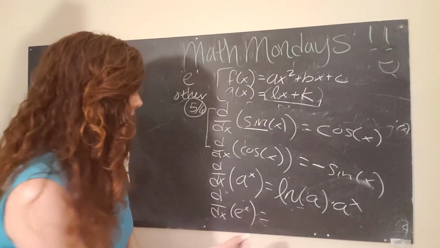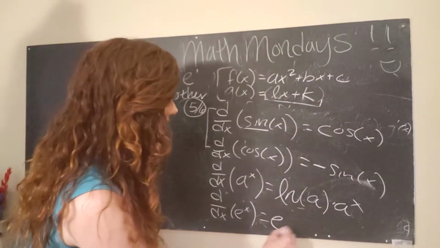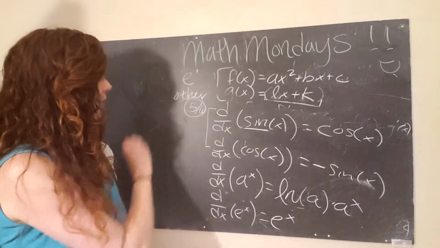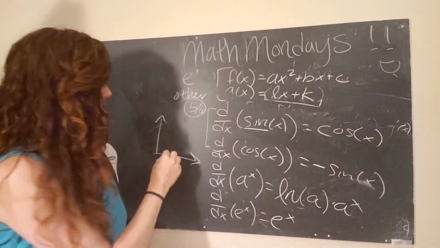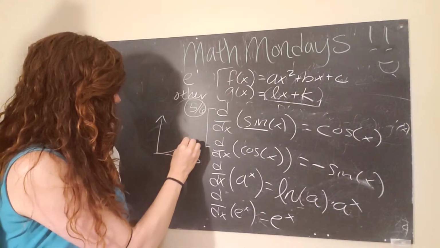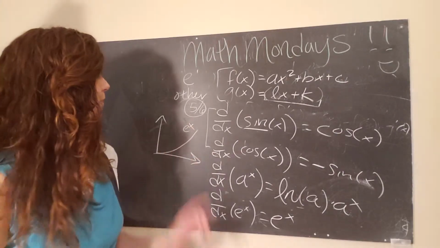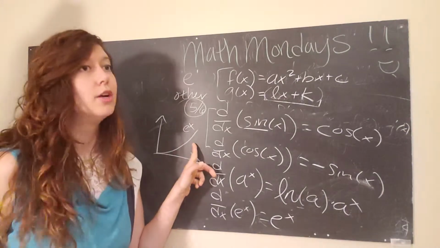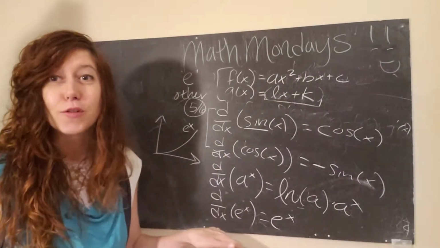But I think that's really awesome that once you understand mathematics, you can apply it to so many different areas. Okay, so the derivative of e to the x is e to the x. What? So cool. This is kind of an interesting problem because I think it goes up something like this. I'm not drawing it properly, of course, but this means that the rate of change of this function is itself.